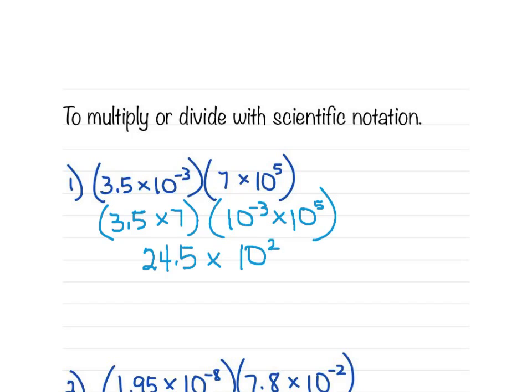24.5 is greater than 10. So this number is not expressed in scientific notation. So we will need to rewrite it so that it is in scientific notation.